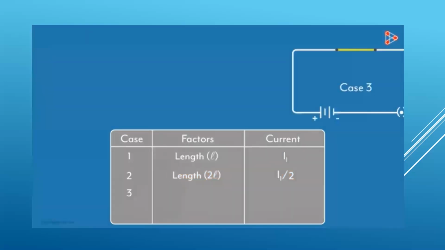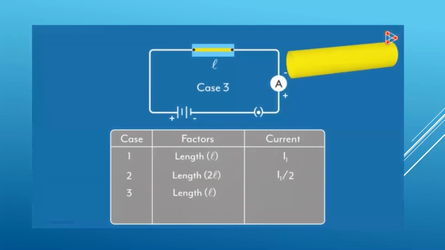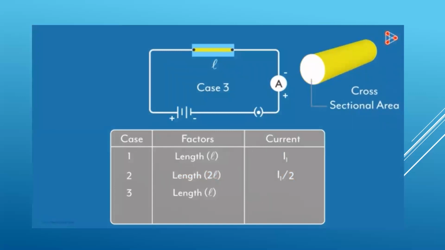In the third case, we replace the wire with a thicker nichrome wire with length L. Understand this case well. We're just increasing the thickness of the wire without changing the original length L. If you're increasing the thickness of the wire, it simply means we are increasing the cross-sectional area.